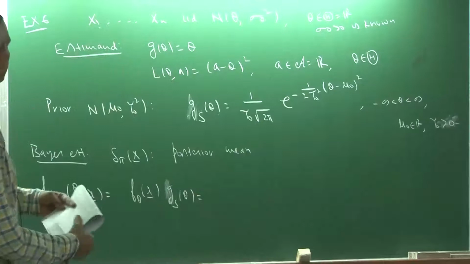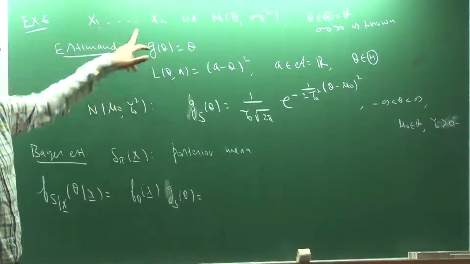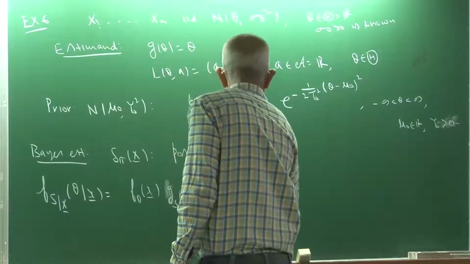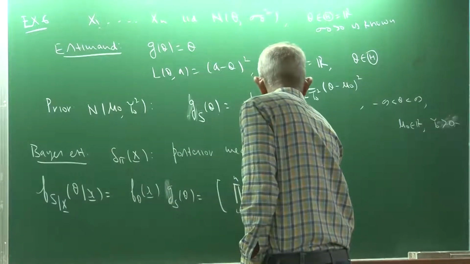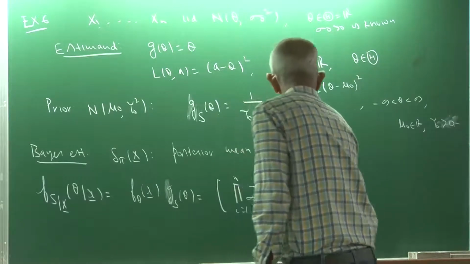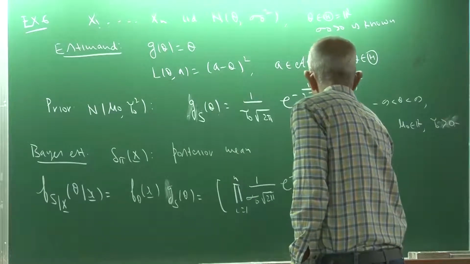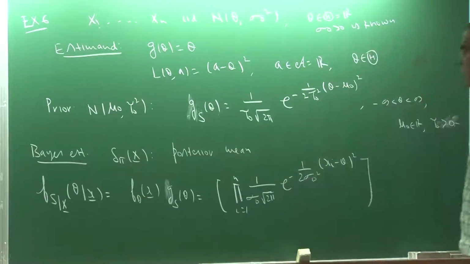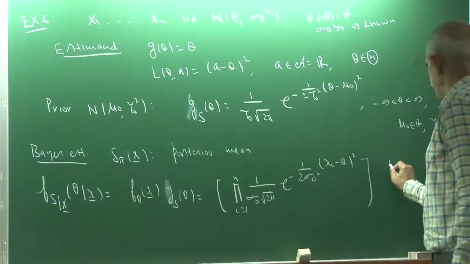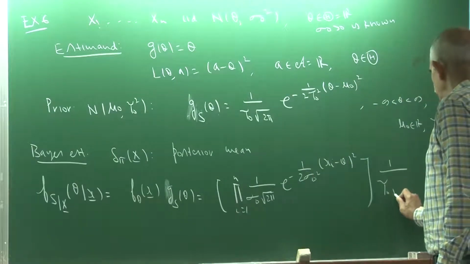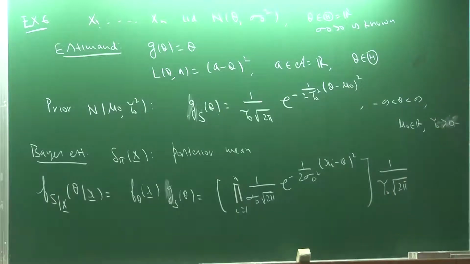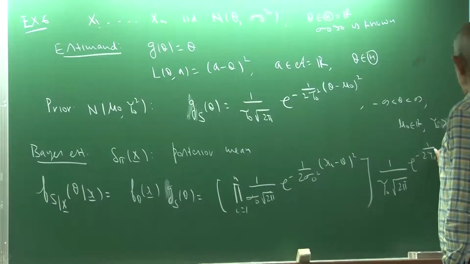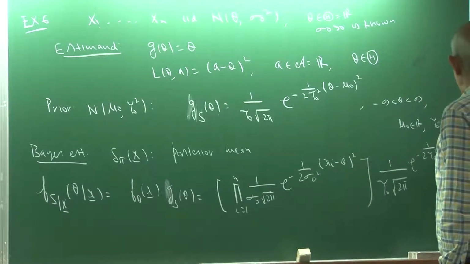And f(theta, x), I know x1, x2, ..., xn are IID normal(theta, sigma naught square). So that is same as product i is equal to 1 to n, 1 by sigma naught root 2 pi e to power minus 1 by 2 sigma naught square (xi minus theta) whole square into g_s(theta), which is 1 by tau naught root 2 pi e to power minus 1 by 2 tau naught square (theta minus mu naught) whole square.